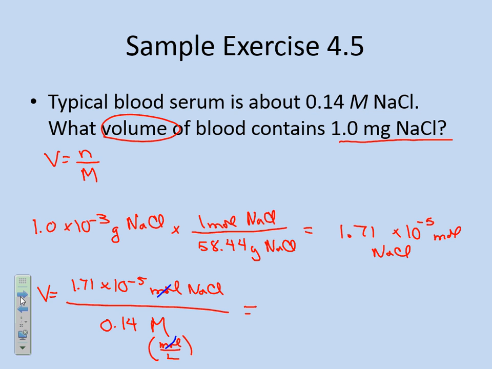Your liters is in the denominator of the denominator, and it gives us 1.2 times 10 to the -4 liters. If I multiply by 1,000, I get 1.2 times 10 to the -1 milliliters, or you might like 0.12 mL.